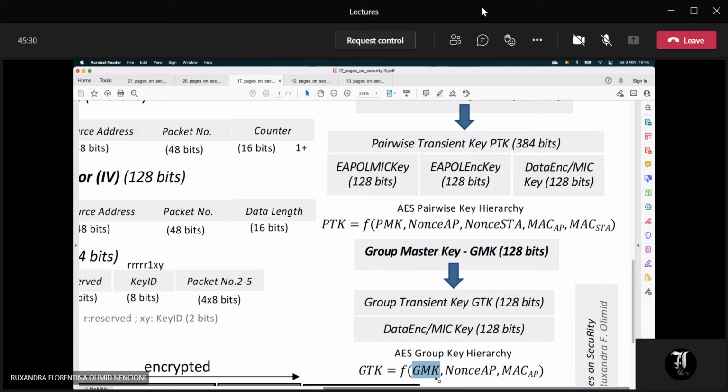The GMK is poor because it has only 32 bits of entropy. The nonce is poor because it has only 32 bits of entropy. So overall, the GTK is poor. While here I might not have a problem because of the nonce of the station, here I for sure have a problem in the broadcast communication.